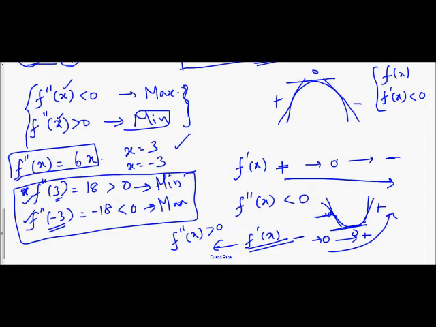But it is very important, once you find the x values using f dash x equal to 0, to check whether that particular x value is maximum or minimum, even if the question only asks for the maximum area or the minimum area. It is very important to check whether the x value you got actually gives the maximum area or not.